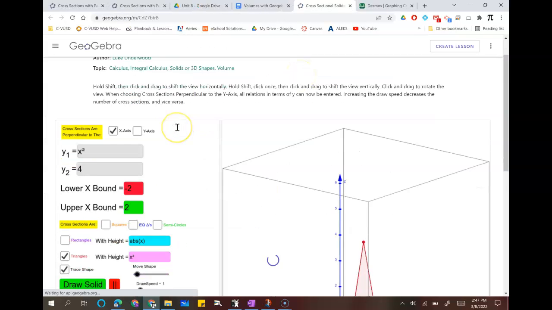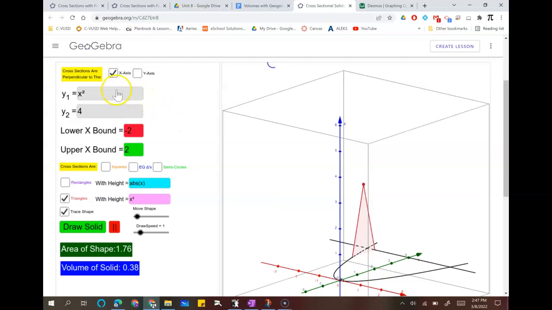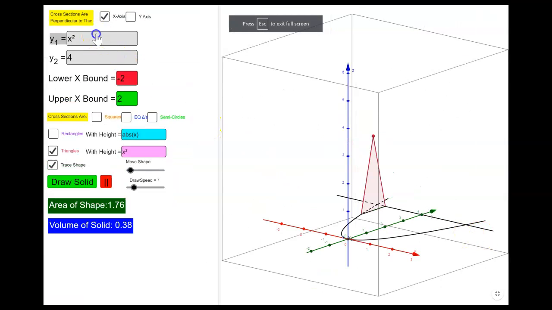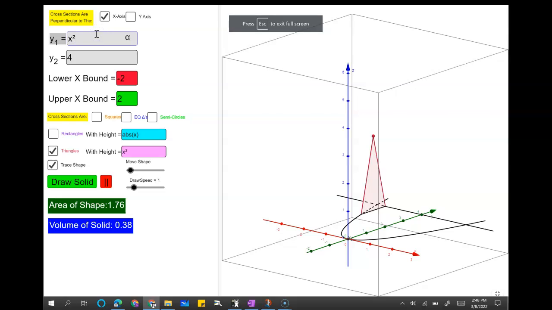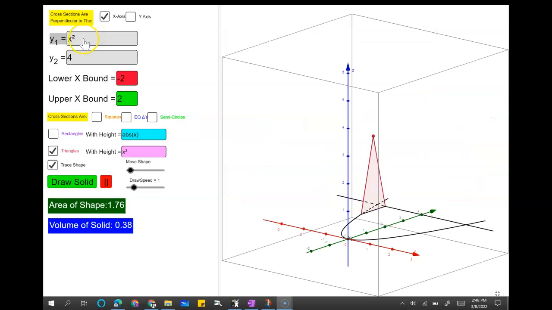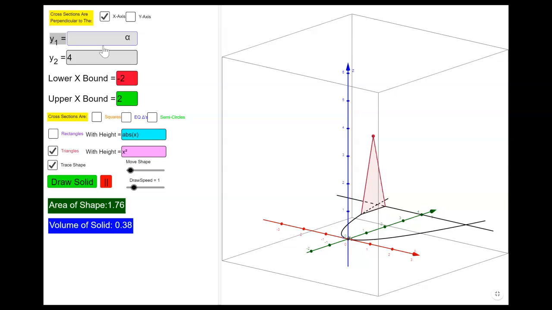I'll need to go ahead and put in some key pieces in here. I need to adjust. We'll adjust our functions. So we should have 3x minus 1. So right here, 3x minus 1.